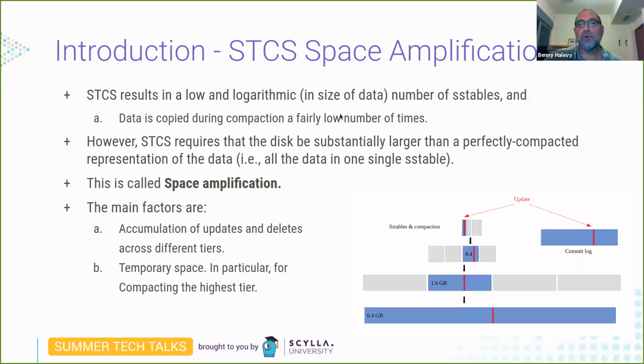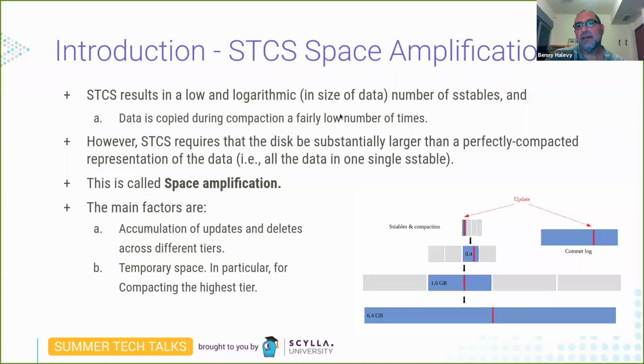The temporary space requirement for STCS is also very high, in particular for compacting the highest tier. If you imagine, in the lower right hand corner, that all the data now resides in the largest SSTable in the highest tier, in order to compact it, STCS needs to create a new SSTable that will contain only the live data that's currently in this SSTable, and it might be pretty much the same size as this SSTable.